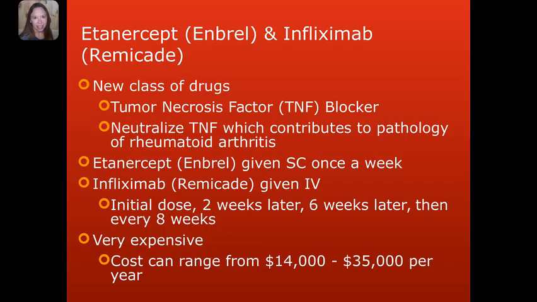The problem with these drugs is they are very expensive. You can see $14,000 to $35,000 per year. And we're not using these medications as much because the insurance companies are not wanting to cover the costs. Why? Because it's cheaper to use a different DMARD, such as methotrexate.